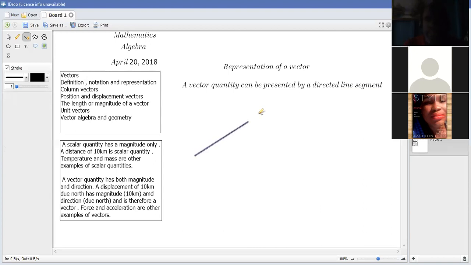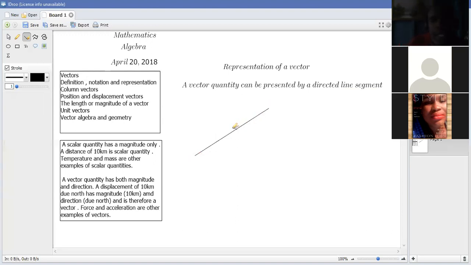Now this itself is a simple line segment, but it's not a directed line segment. Line segments are basically straight lines, though not necessarily, because you can have curved lines. The main feature of it is that it has two ending points. There's one here and the other here. One is called the starting point and the other the ending point.